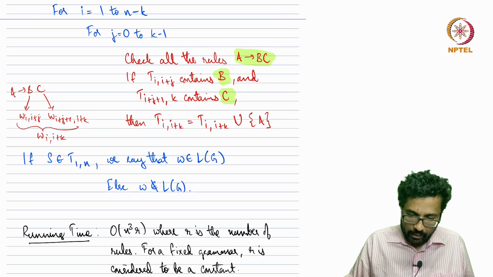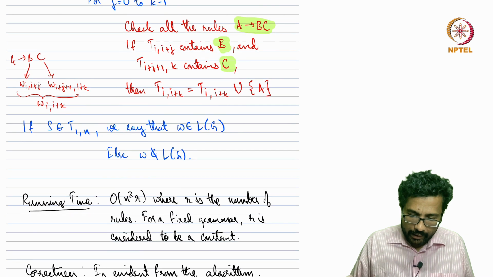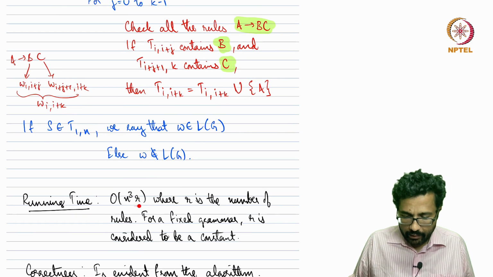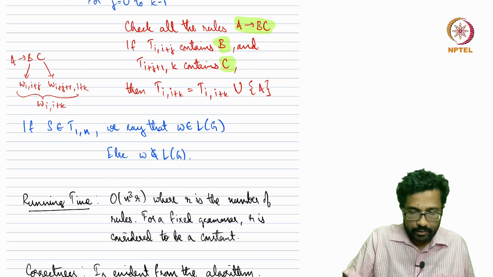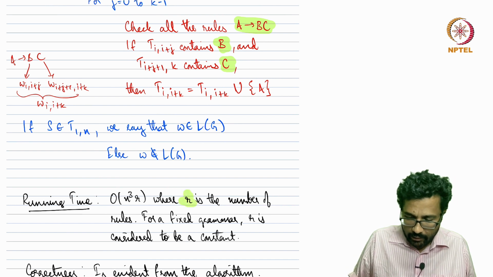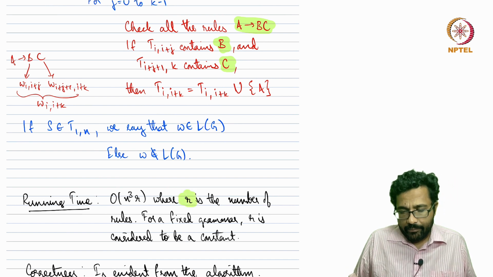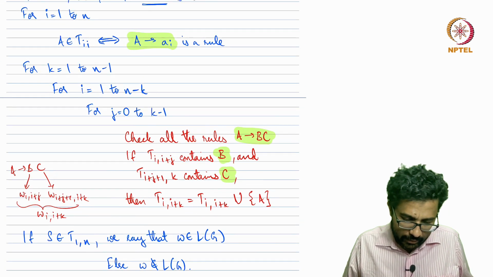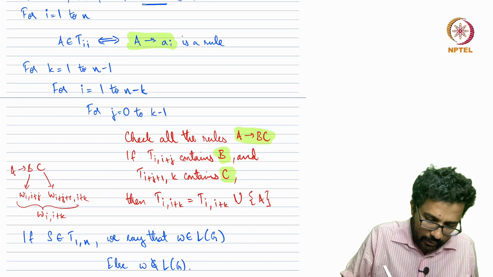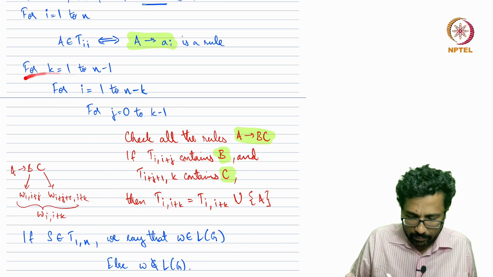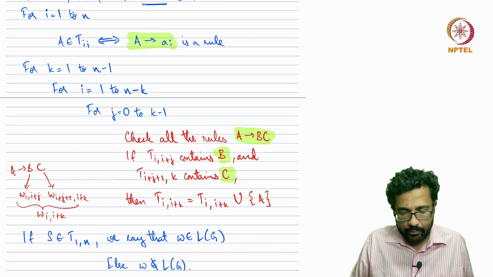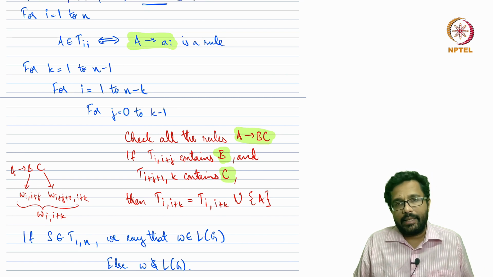So the running time is n cubed r, where n is the length of the string that we need to check, and r is the number of rules in the grammar. Why is it n cubed r? Because the time consuming part is the three nested for loops, each of which is upper bounded by length n.